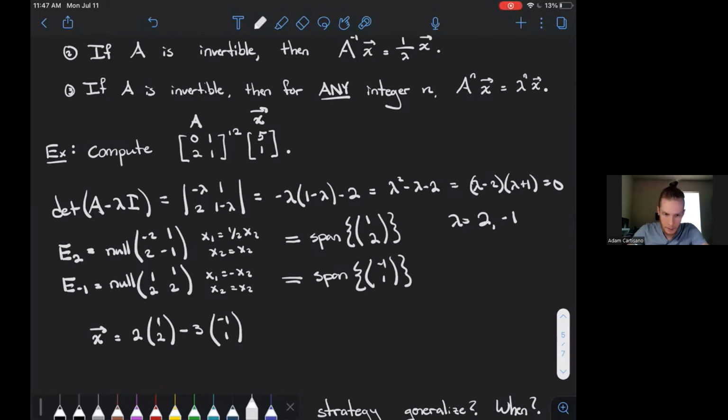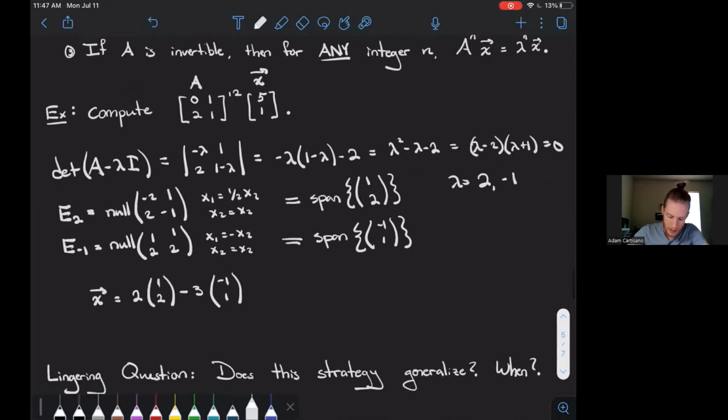So knowing that, A to the 12th times x is 2 A to the 12th times 1, 2 minus 3 A to the 12th times -1, 1.